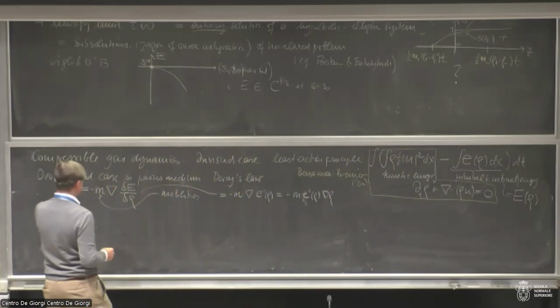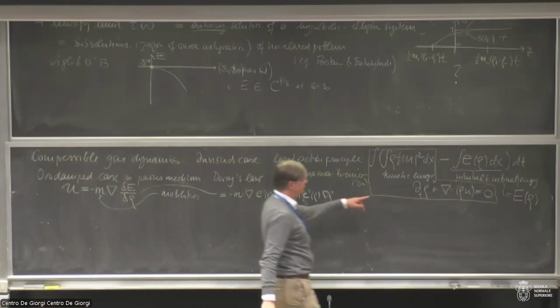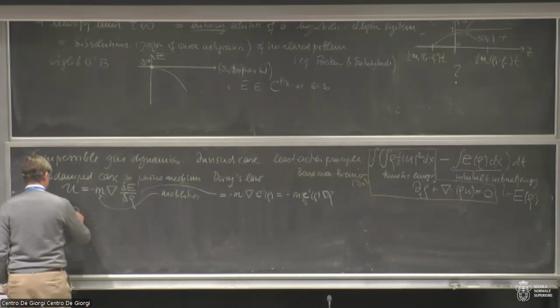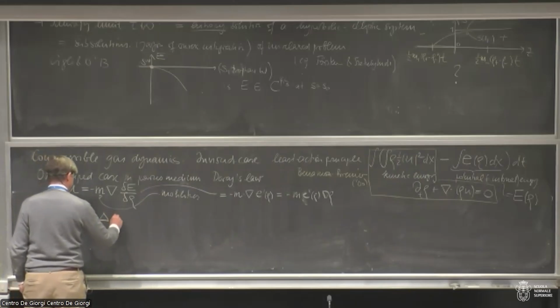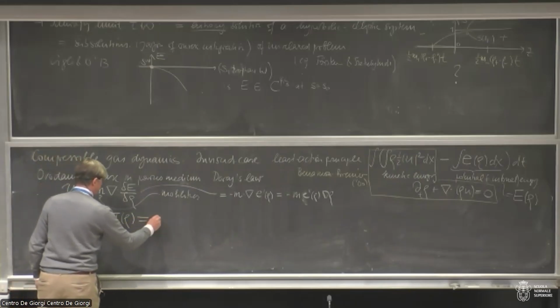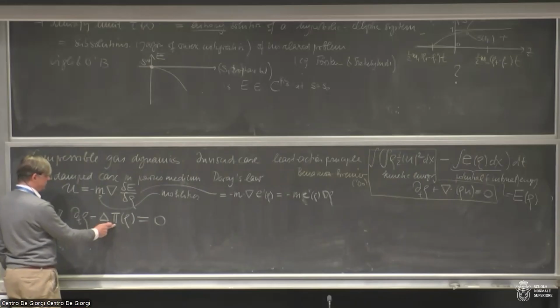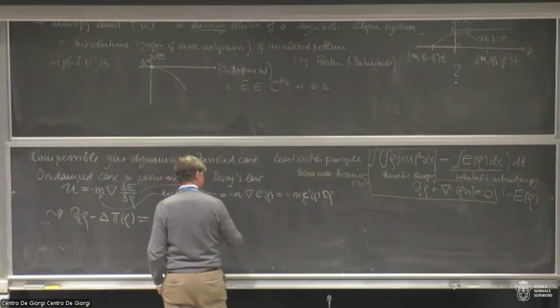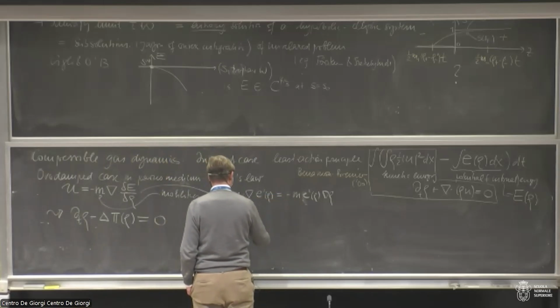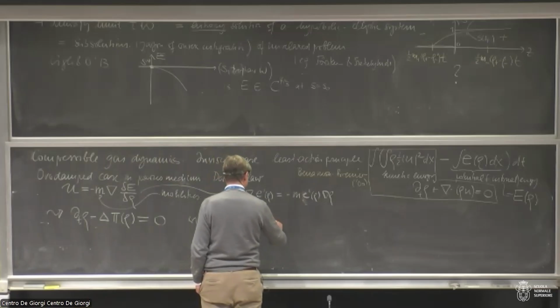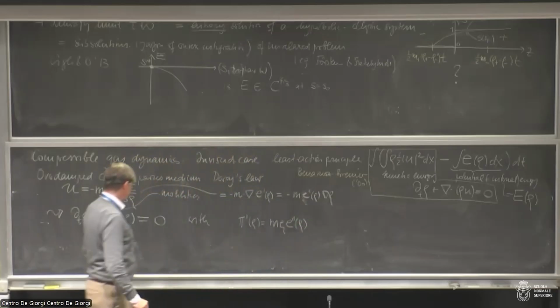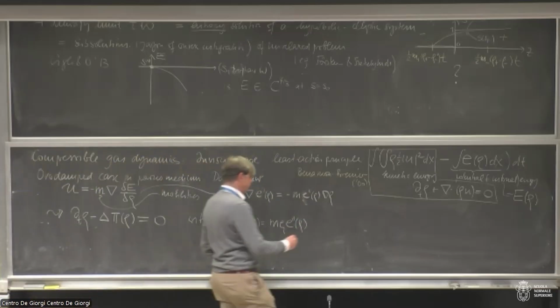Now if you take this identity and plug it into the continuity equation, you get what's called the porous medium equation, with an osmotic pressure, a density-pressure relation that follows from that, given by pi prime of rho equal to m rho E double prime of rho. And that's called the porous medium equation.